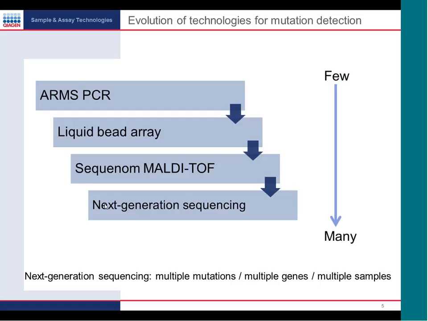It provides the unique ability to detect multiple mutations in multiple genes across multiple samples with a single next-gen sequencing run. That's a really remarkable ability, especially for clinical samples.